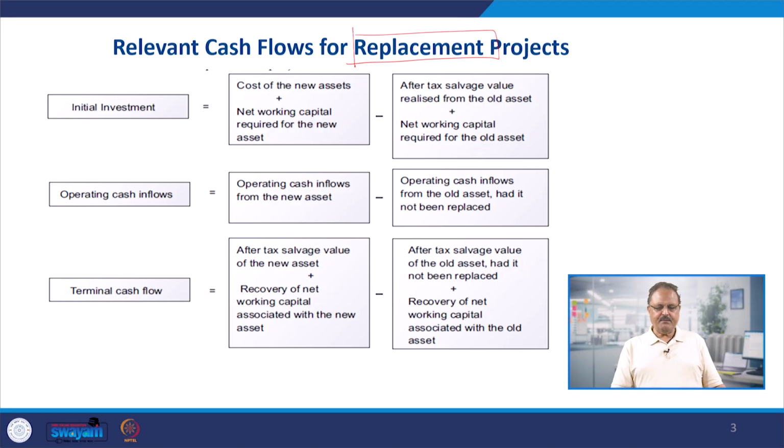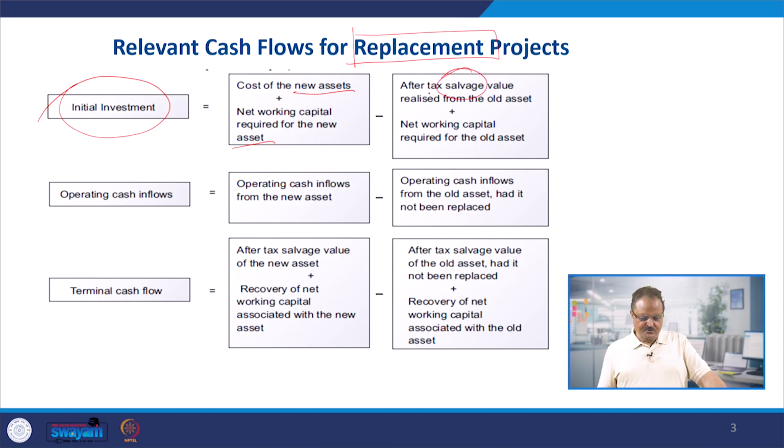So the past effects, or maybe the future effects, of the old investment also have to be taken into account. For that purpose, while calculating the initial investment for replacement projects, you have to take into consideration, first of all, the cost of the new asset, plus the net working capital required for the new asset, minus the after tax salvage value of the old asset, because you are going to sell it off in the market.